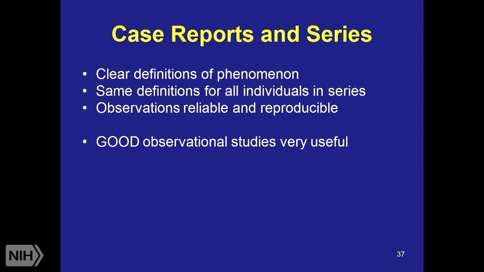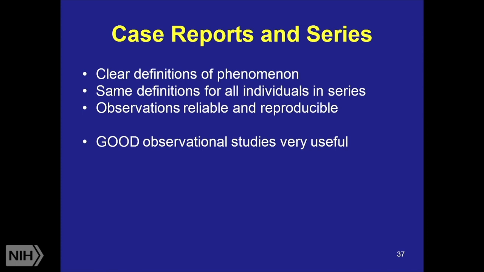So you need to be clear about what you know and what you don't know because you're trying to really define a disease. So what are the definitions that put individuals in this series and not in this series? That's what you have to define and make clear so other people can replicate that with their own patients.